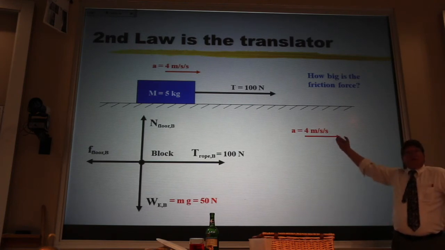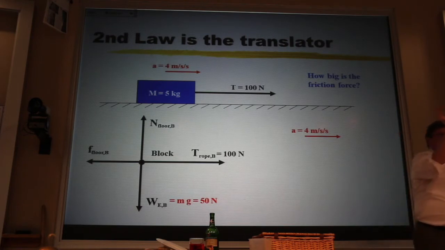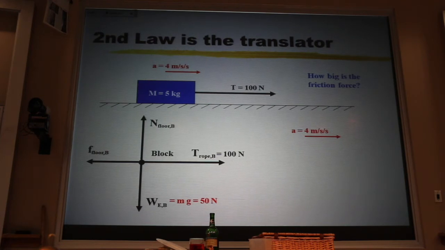How much of that vector is in the y direction, the up and down direction? None of it. So in the y direction, the net force is 0, and my diagram has to scream balance.